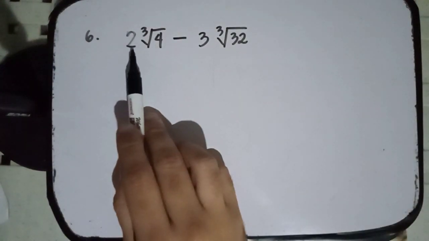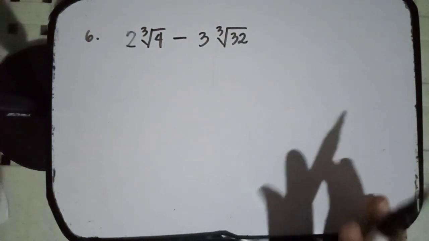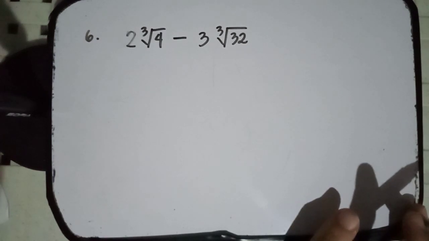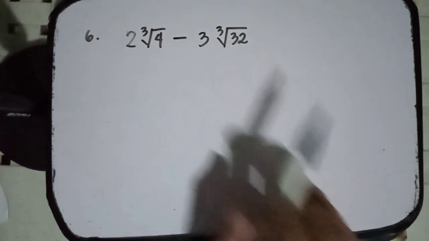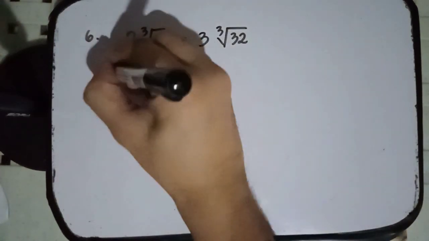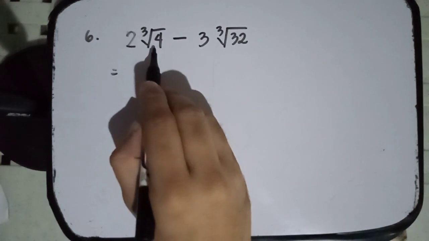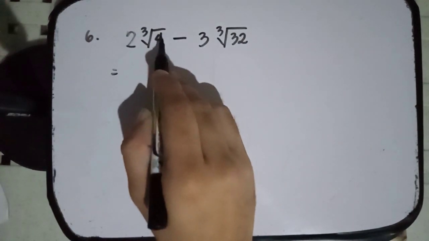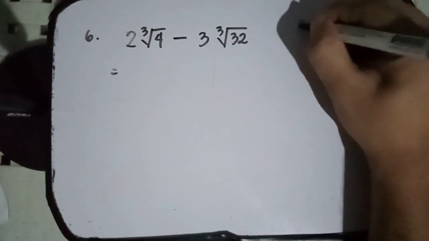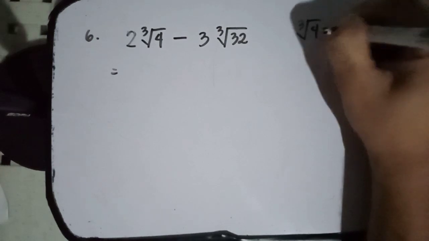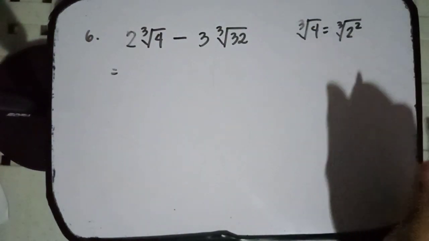Next, number 6, we have cube root of 4 minus 3 times cube root of 32. So, magkaiba na naman sila. So, kailangan muna natin i-simplify just in case. Okay? So, ito, cube root of 4. Diba? So, kung susulat natin in exponential form, cube root of 4 will become cube root of 2 squared.